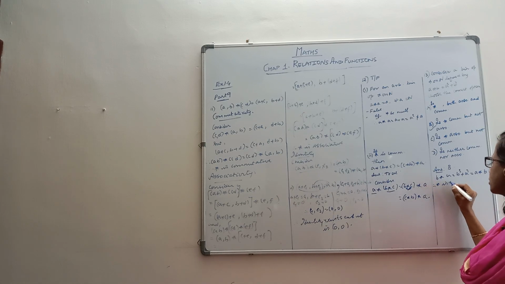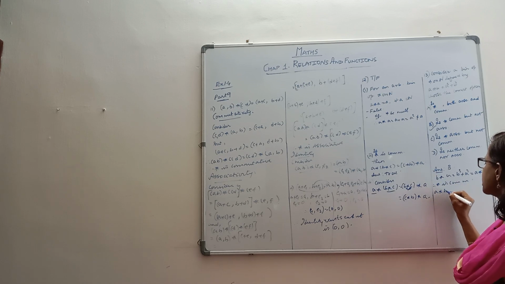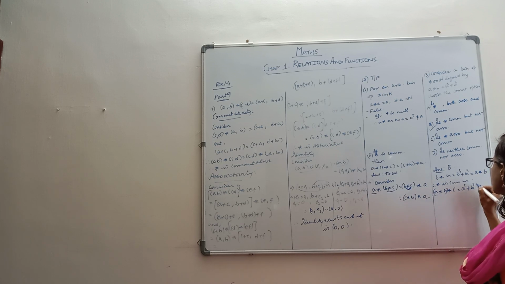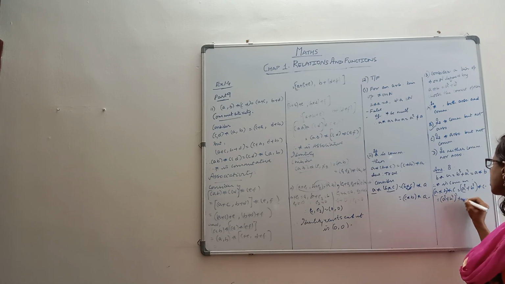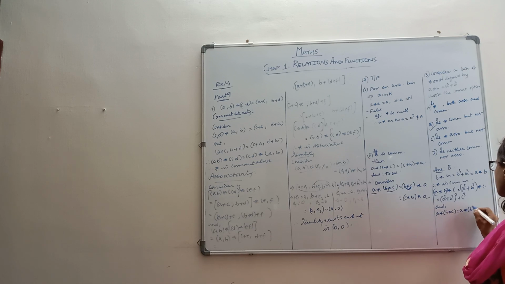Therefore, star is commutative. But for associativity, if you consider A star B star C, this will be A cube plus B cube star C, which means cube of the first bracket plus cube of C. And if you take the other grouping, it will be B cube plus C cube, then cube of A plus cube of this, by definition.